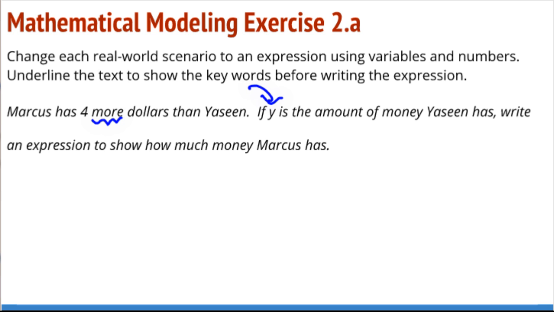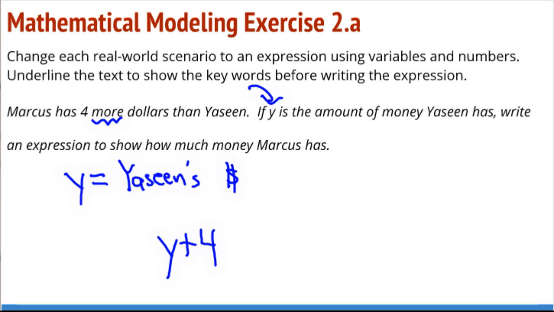And we're going to write an expression to show how much money Marcus has. So I need to think about this. So I know that Yassine has some money. So Y is equal to Yassine's amount of money. And I know that Marcus has more than Yassine. So whatever Yassine has, Marcus has 4 more.